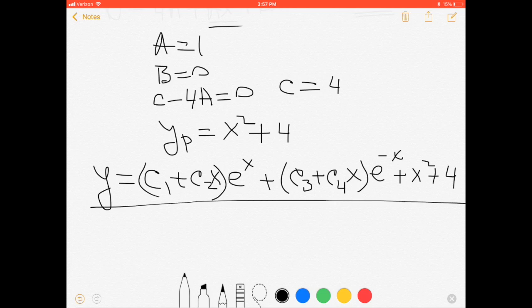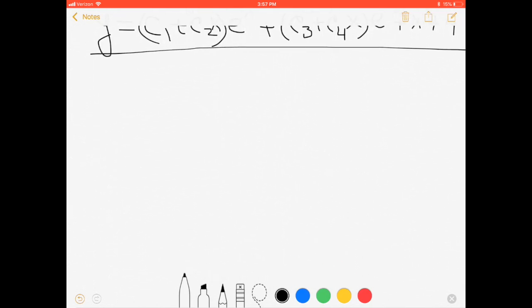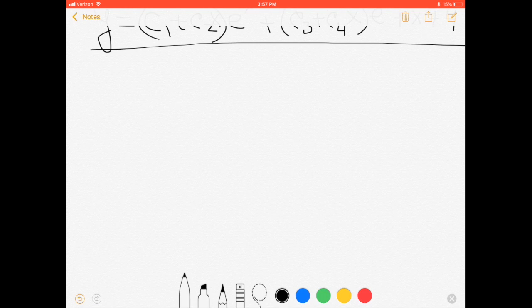You see? What happens if you have a situation where the solution of your homogeneous equation has some correspondence and relation with the function in the right part?